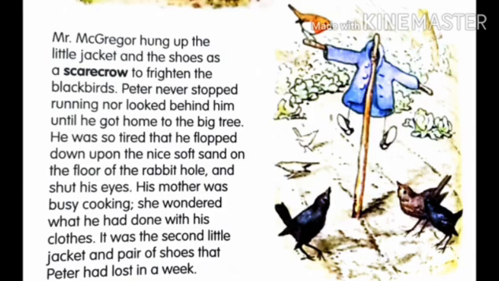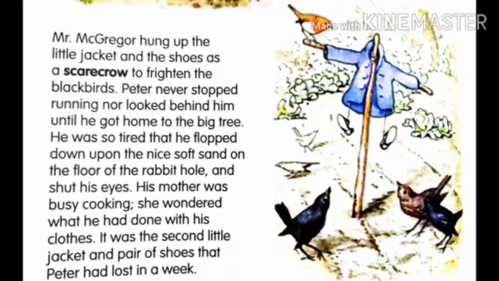Now Peter never stopped running nor looked behind him until he got home to the big tree. See how he ran. He didn't stop running. As he slipped from underneath the gate, he ran towards the woods and reached the big tree, his home, under the root of the big tree.